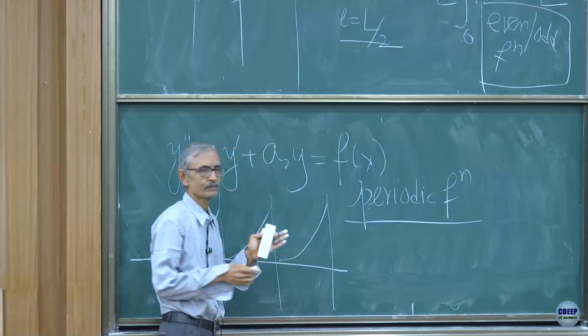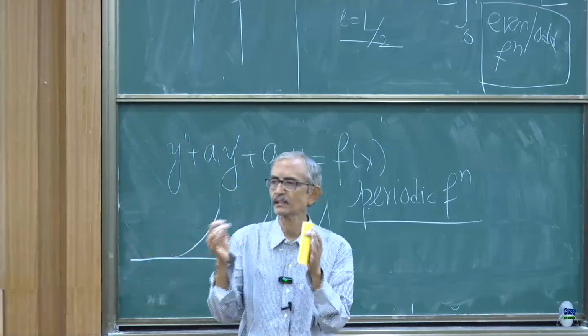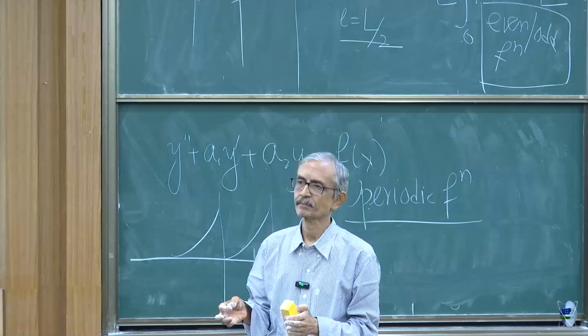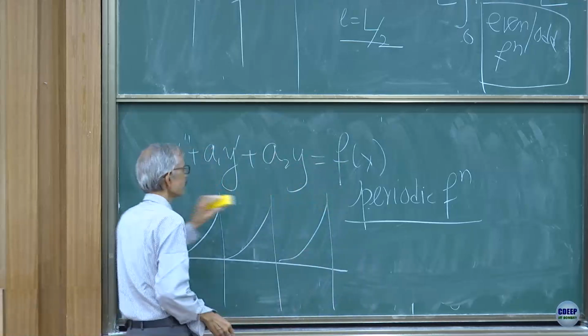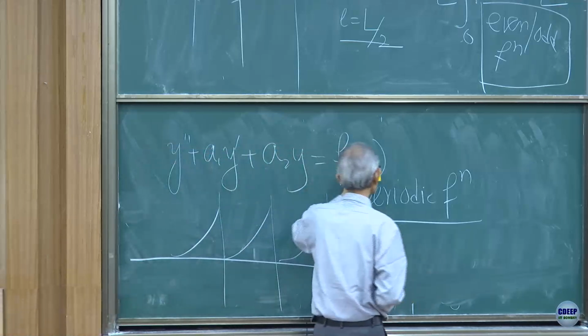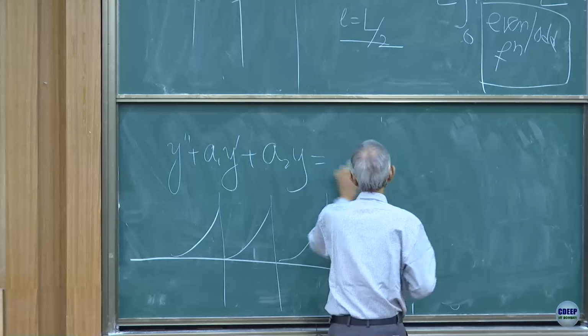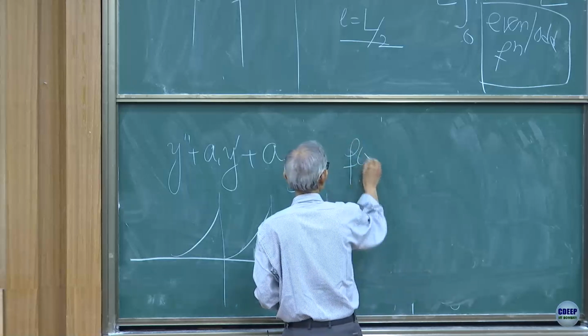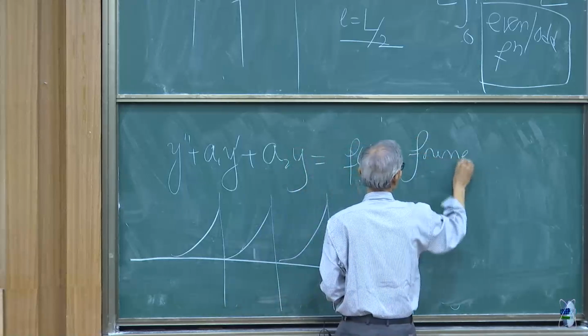Extremely messy, because we have already seen that even one or two Heaviside functions make the algebra fairly messy. So if you've got a periodic function, the best way, or not necessarily the best way, as of now, the best way for us is to represent this as a Fourier series.